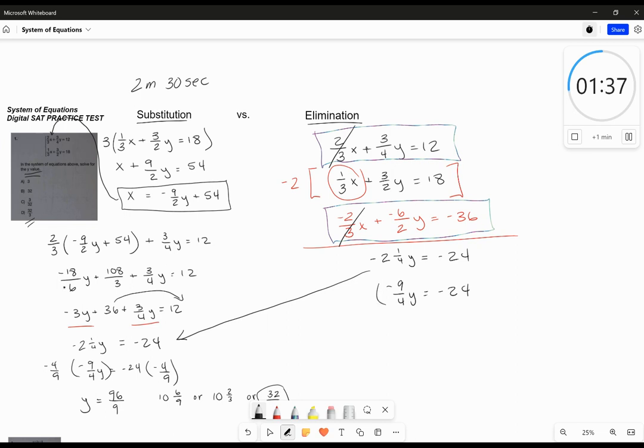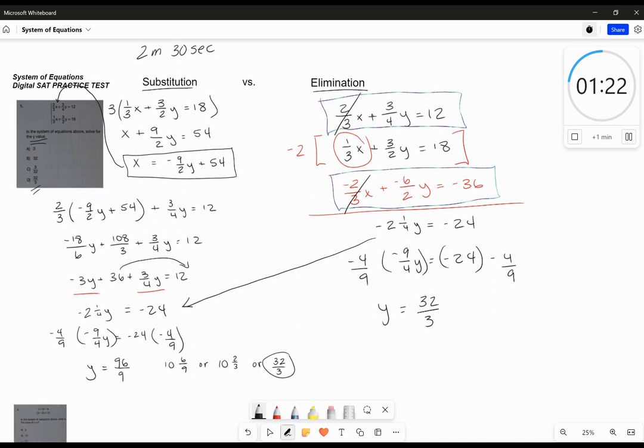And then multiply both sides by -4/9, and you would end up with the same answer. It would be 32/3, or 10 2/3. But elimination, much less work.